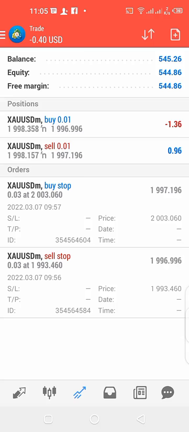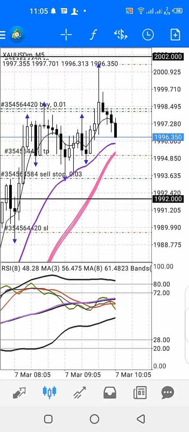So as I was saying, the take profit is 30 pips, and the edge spacing is 49 pips, while the stop loss is 87 pips.